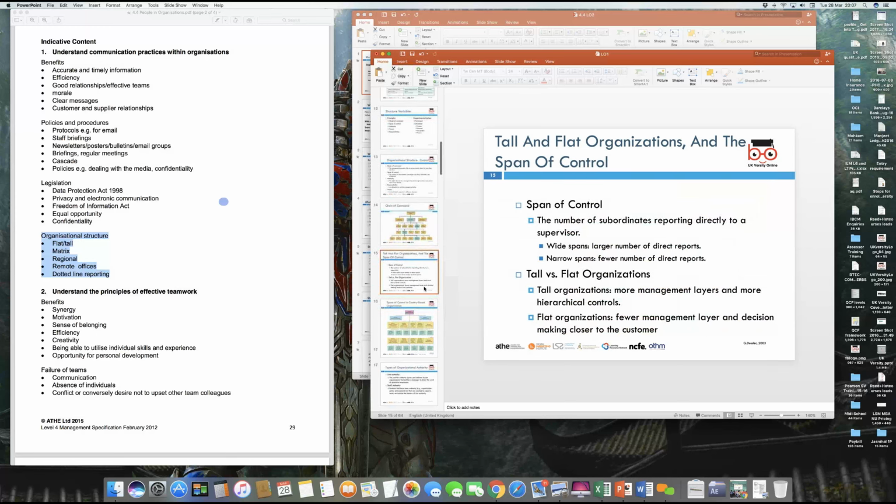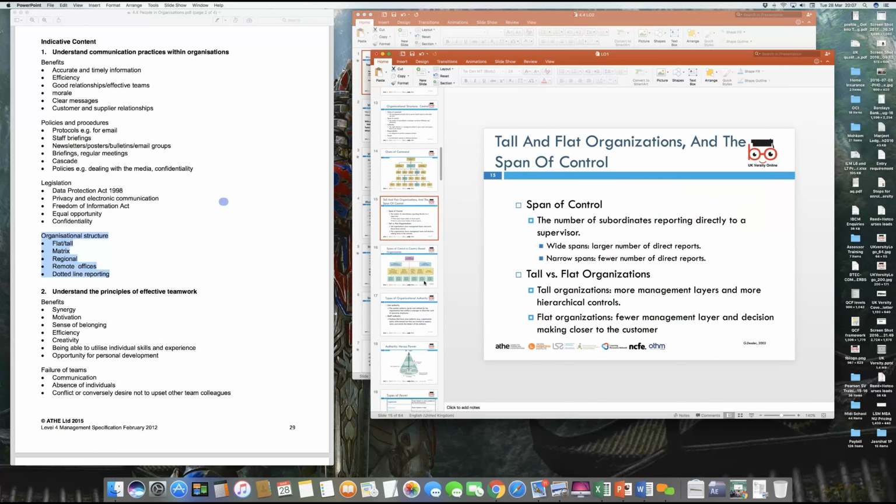Okay. Now, also differentiate how the chain of command is between different structures. Flat organizations, we normally tend to find, are American organizations in particular.